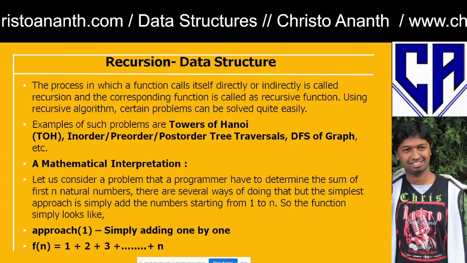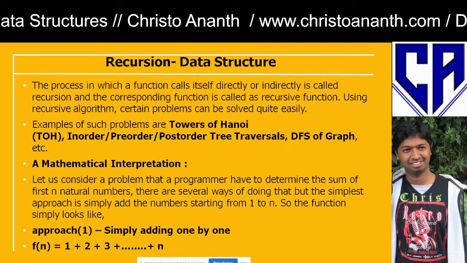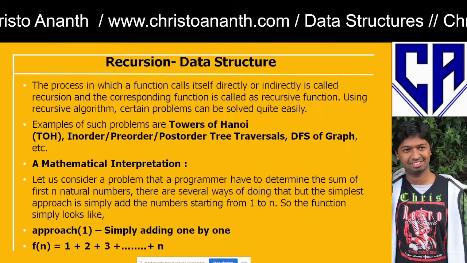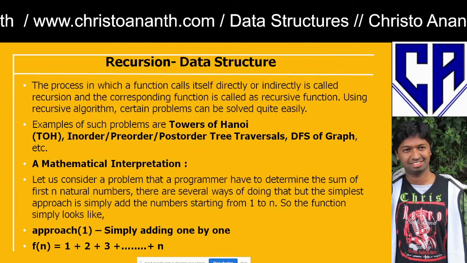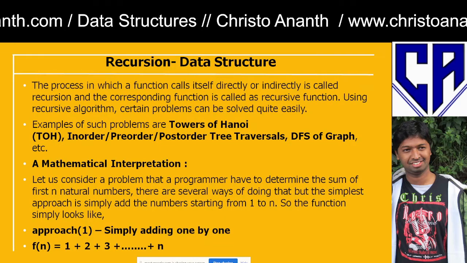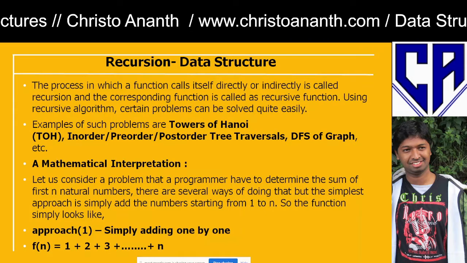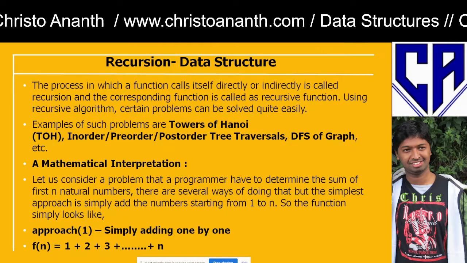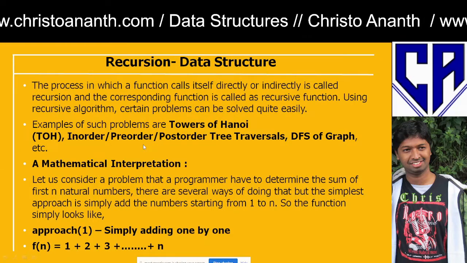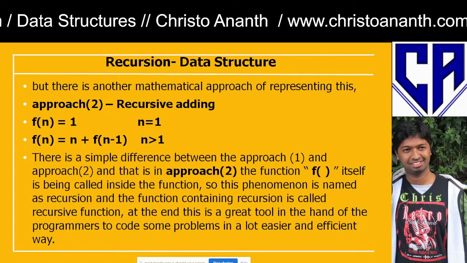In approach 1, you simply add one by one: 1 plus 2 plus 3 plus 4 plus 5 plus 6 plus 7 up to n. So you define f of n to be 1 plus 2 plus 3 plus 4 up to n.